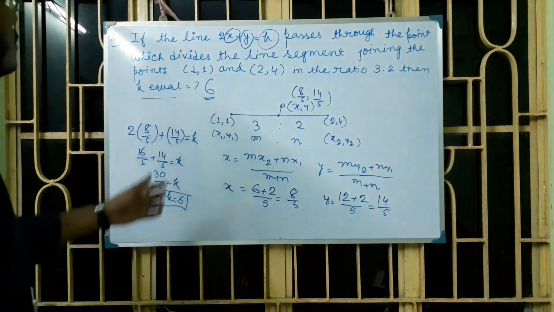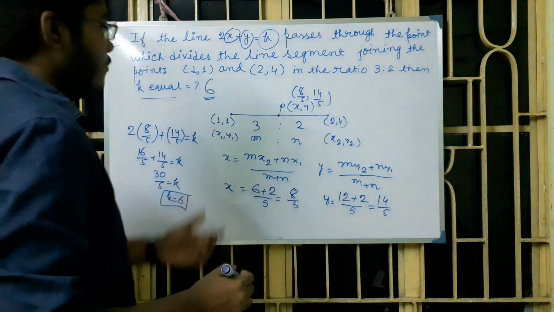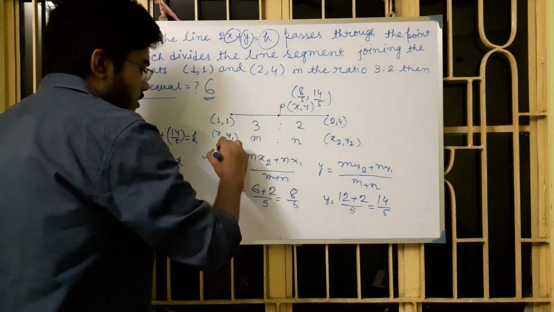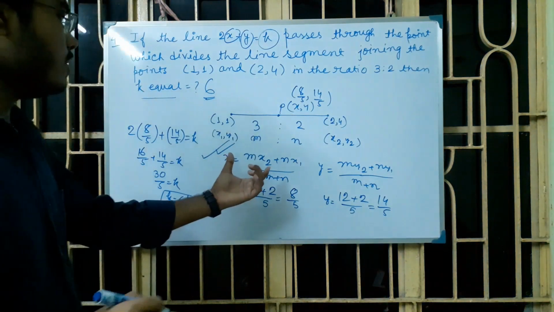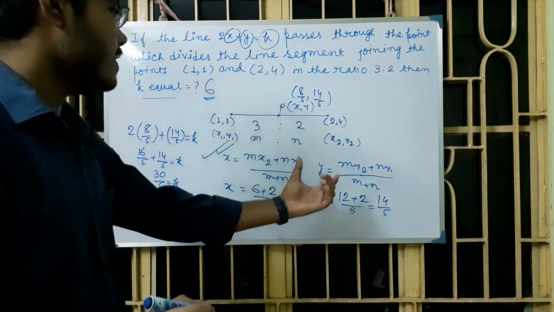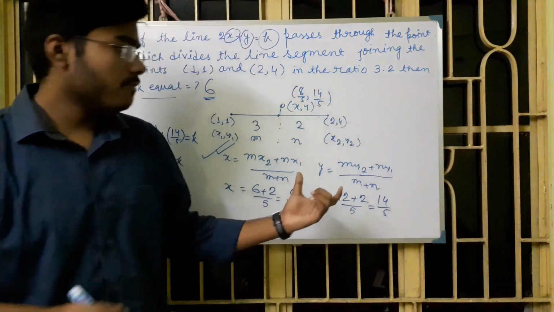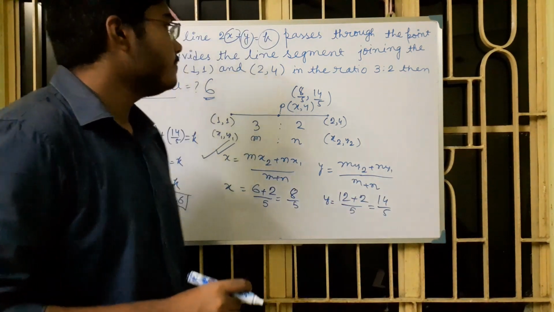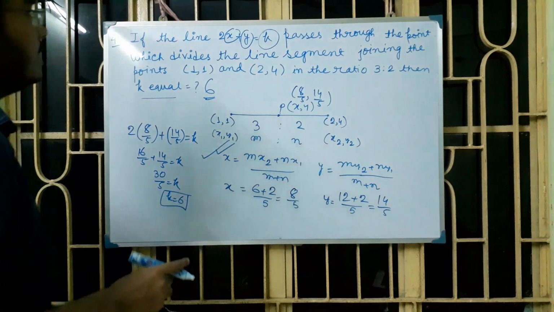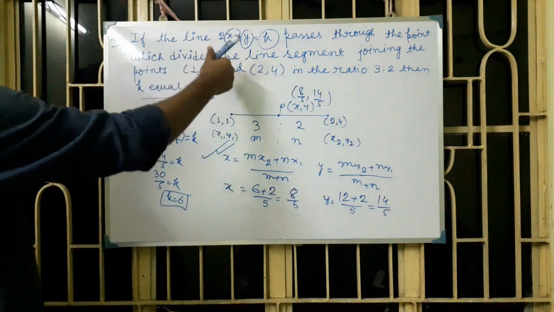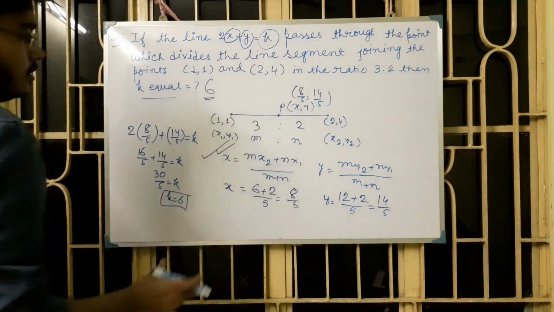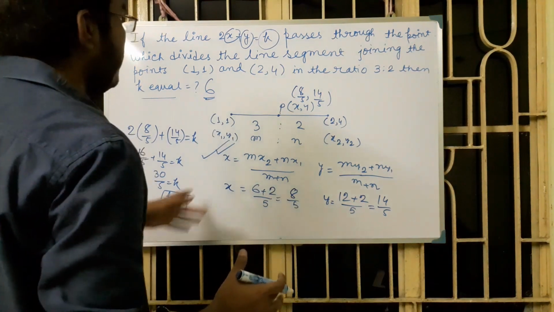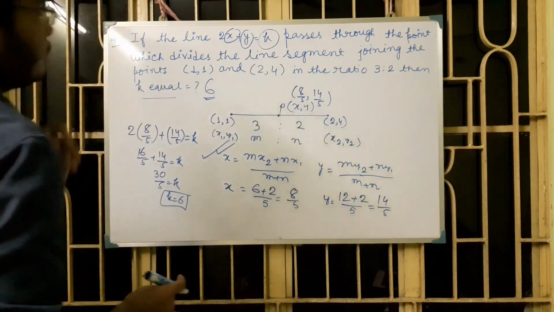So what is the formula we have to know? Only this formula, x equal to (mx2 plus nx1) by (m plus n), and y equal to (my2 plus ny1) by (m plus n). In this particular process we can find the value of k.